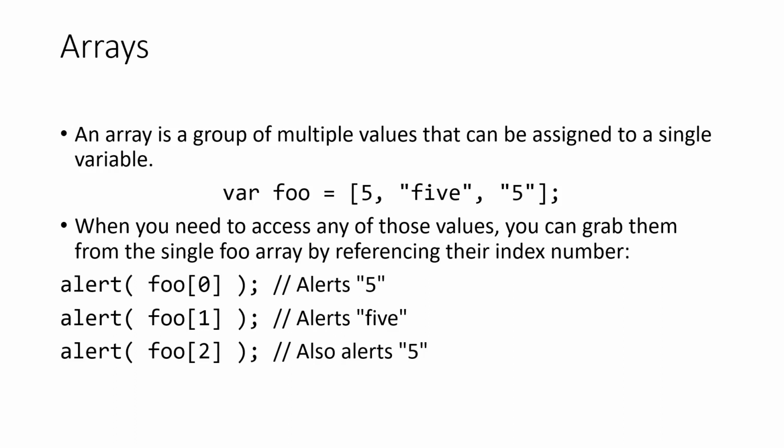And remember, in JavaScript also, the index starts with 0. So when you say foo 0, which directs the first element, it will display 5, and the second one, foo 1, will display again 5, and then the third one will again display 5.